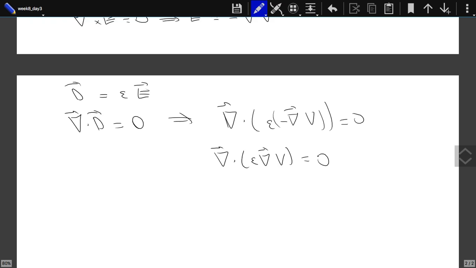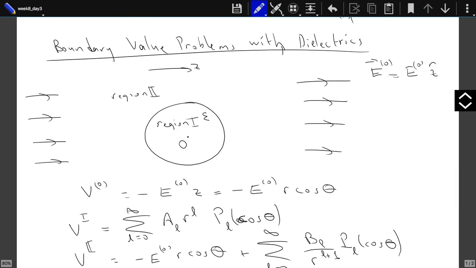But you see, in region 1 and 2, epsilon is constant. Epsilon doesn't change in region 1 or in region 2. It only changes as we go from region 1 to region 2. In region 1, it is just epsilon. In region 2, it is 1, the dielectric constant. It's vacuum, so it has dielectric constant 1.